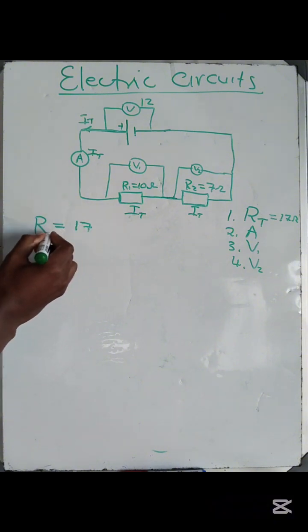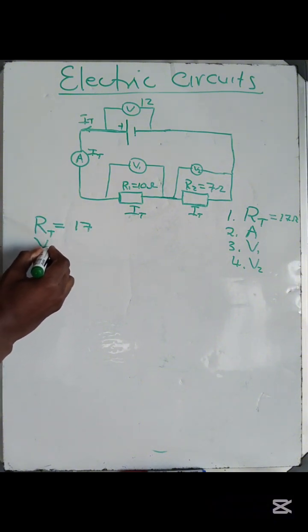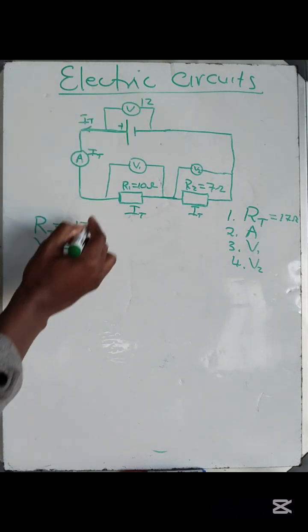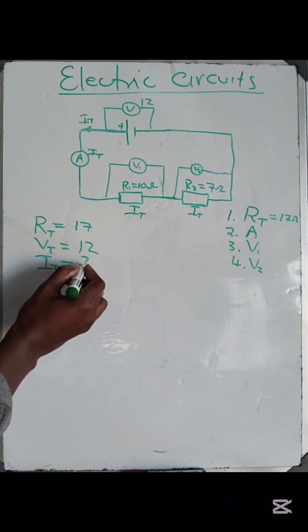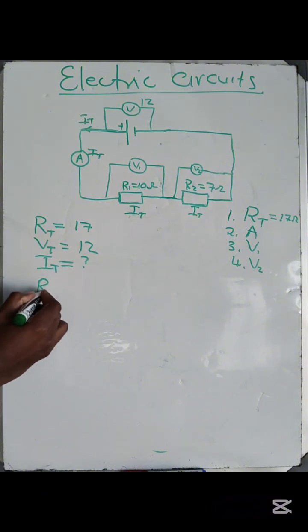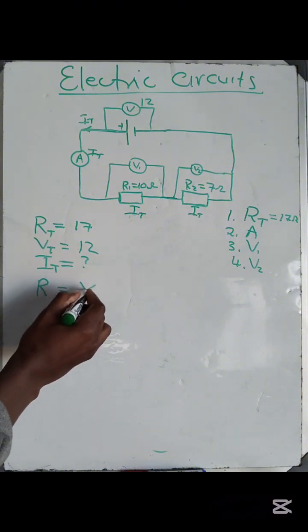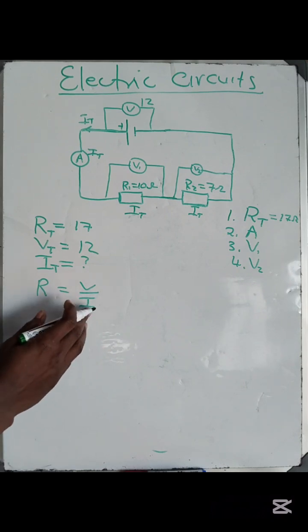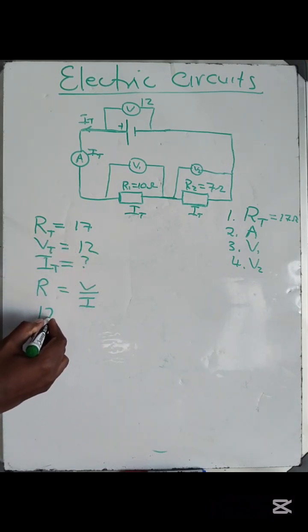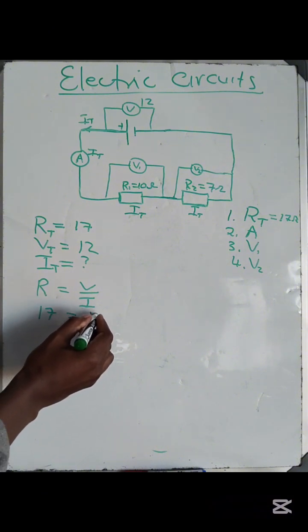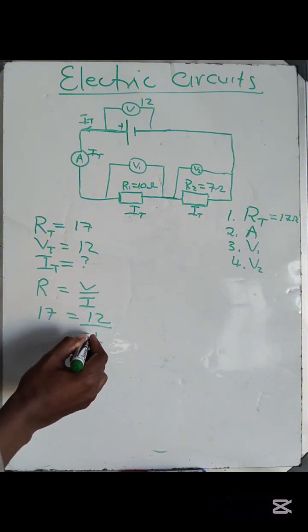So we are looking for the total current. The total resistance is 17, the total voltage is 12, then we get the total current. The reading on A is what we are looking for. The formula is R is equal to V over I, from the formula sheet. The resistance is 17, the voltage is 12, and the current is what we are looking for.